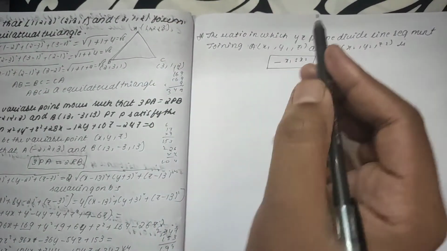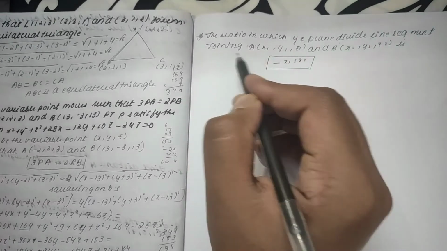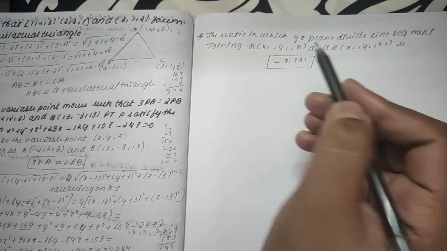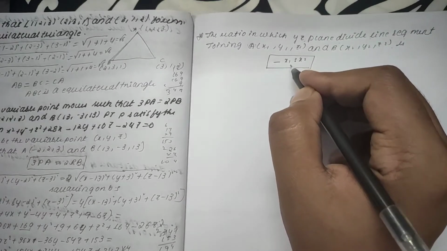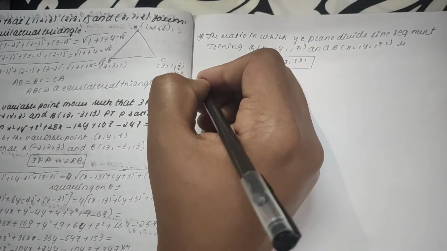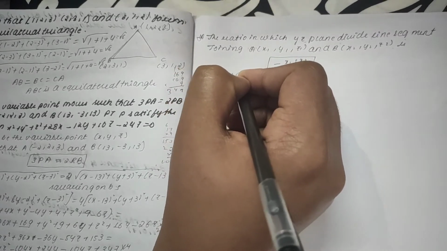The ratio in which YZ plane divides the line segment x1, y1, z1 and x2, y2, z2 is minus x1 is to x2.